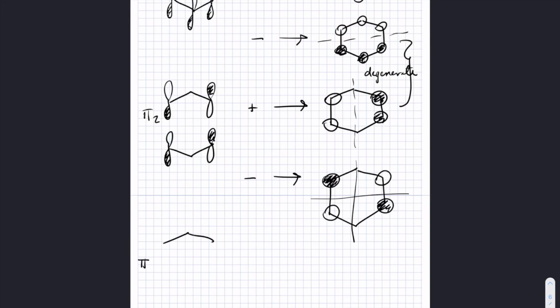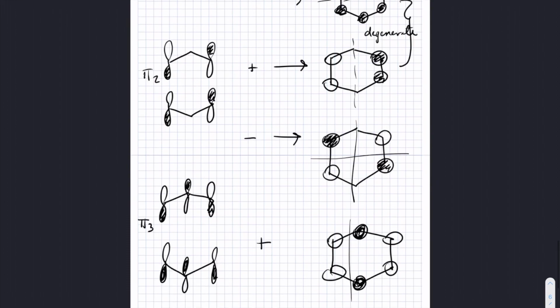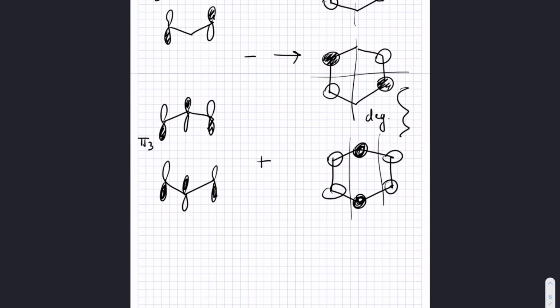And then finally, if we take the pi 3 orbitals that are all out of phase, and I apologize for the crudeness of the drawing because of the hurry that I am in, if we combine the two pi 3 orbitals in phase, we end up with this orbital with two nodes. These two are degenerate, and then the minus combination would give you the all out of phase option like this.